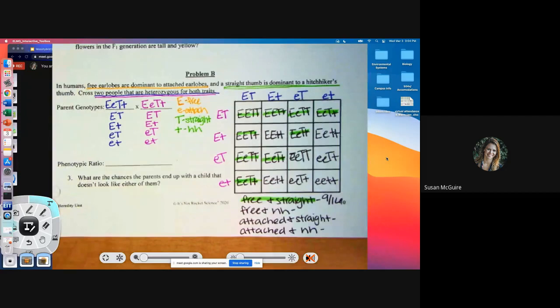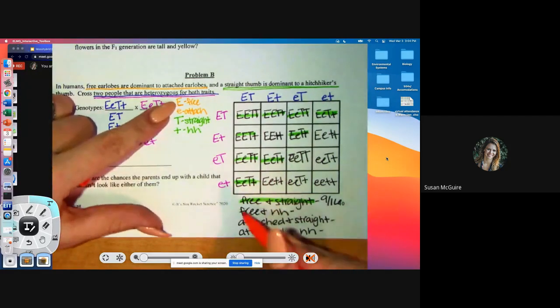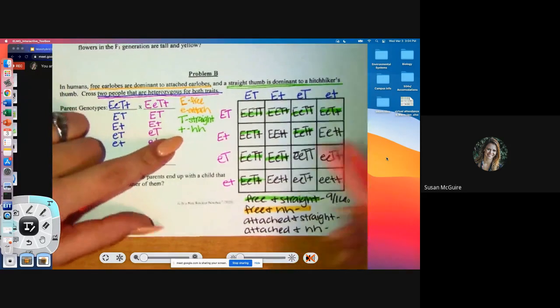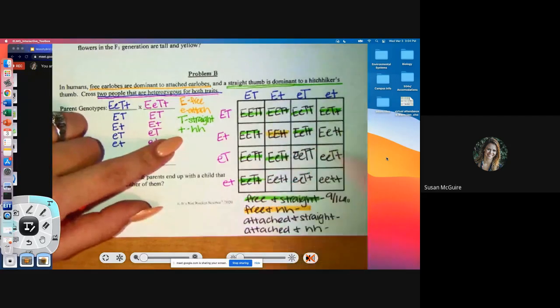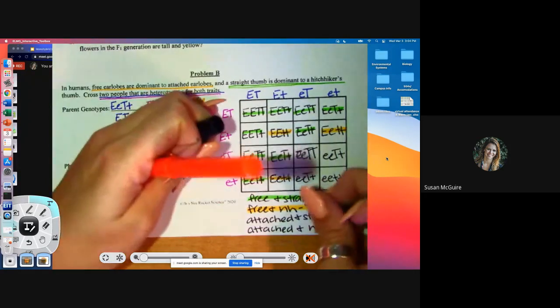Free and hitchhikers, so at least one dominant for ear, and double recessive for thumb. We have 1, 2, 3. So we have 3 out of 16.